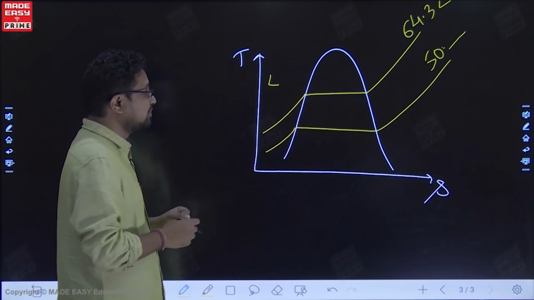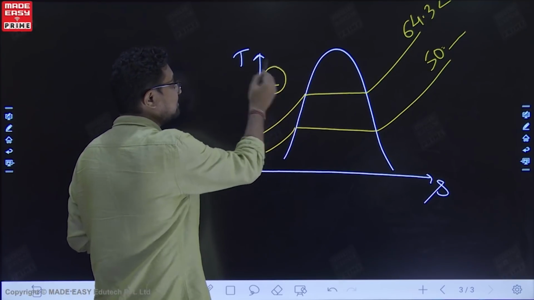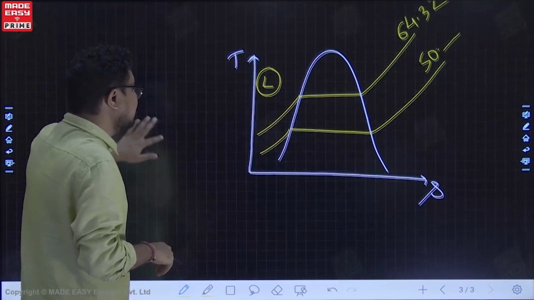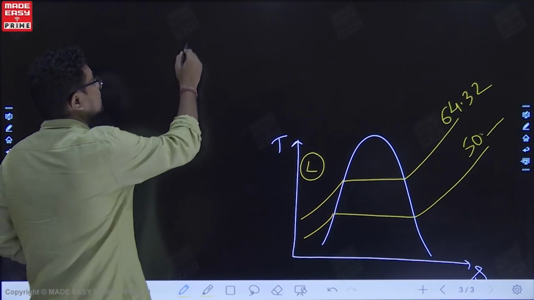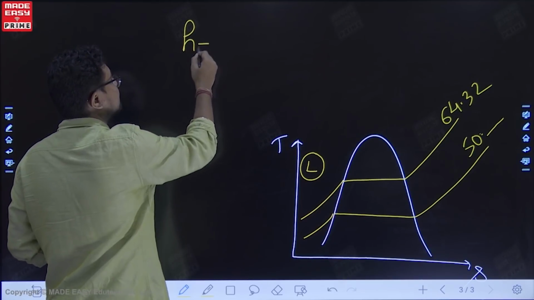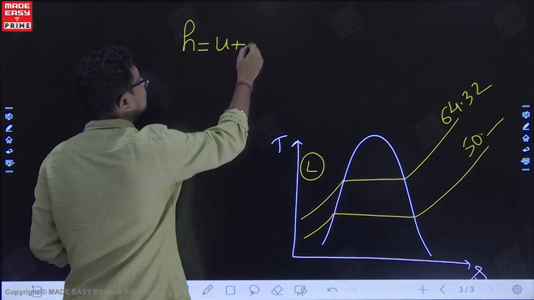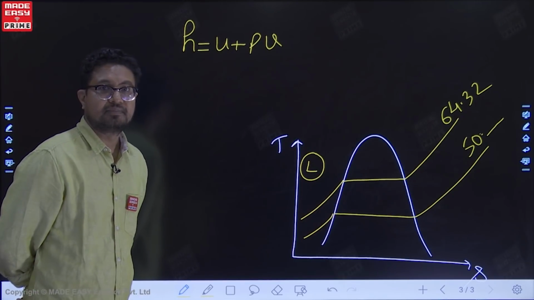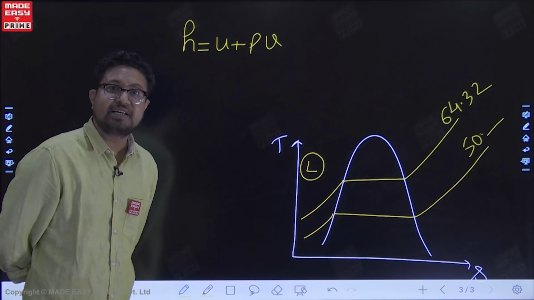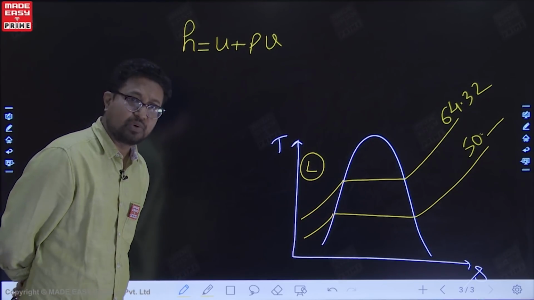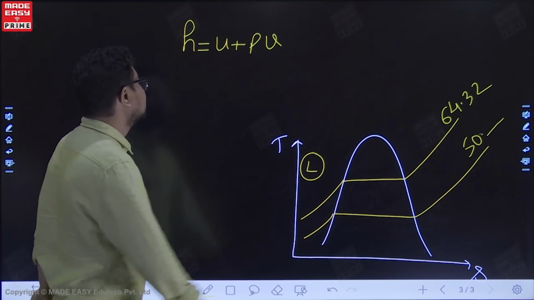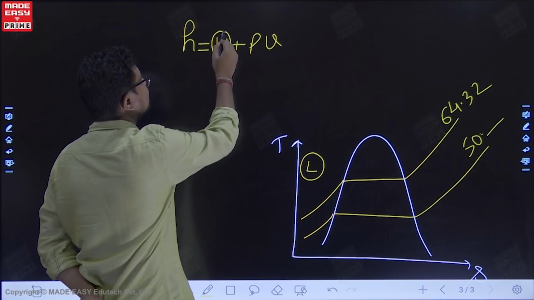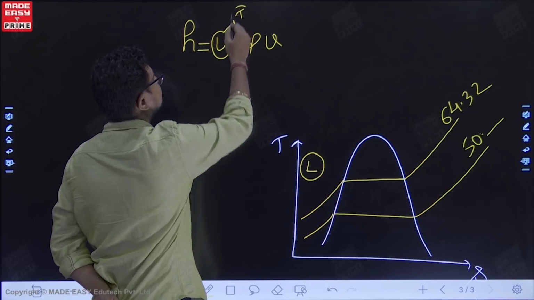But you should know, in the liquid region, the enthalpy, which is U plus PV, has internal energy dependent on temperature only. Internal energy is a function of temperature. Why?